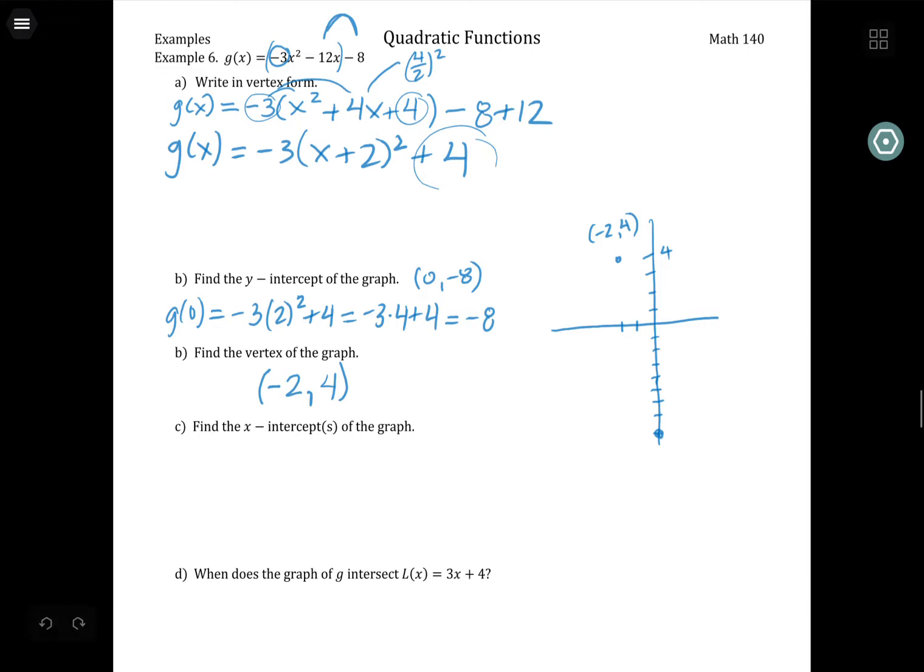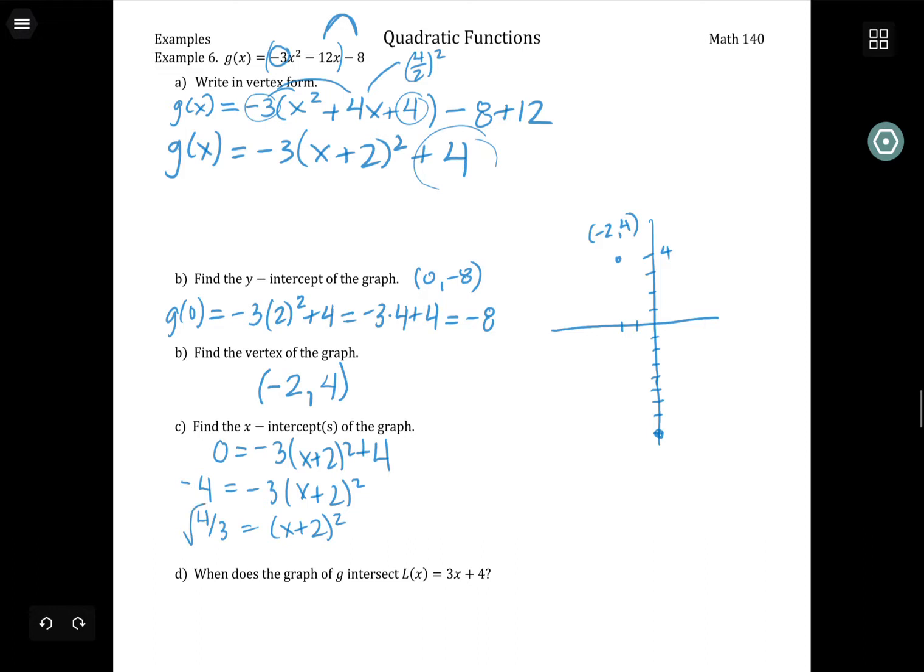X-intercepts. So let's say we want 0 to equal negative 3 times (x plus 2) squared plus 4. Okay, so I'm going to subtract 4, and then I'm going to divide by negative 3. So I get 4/3 equals (x plus 2) squared.